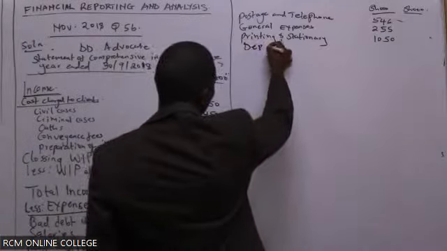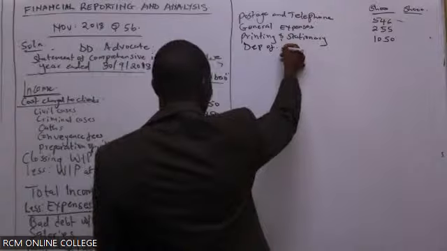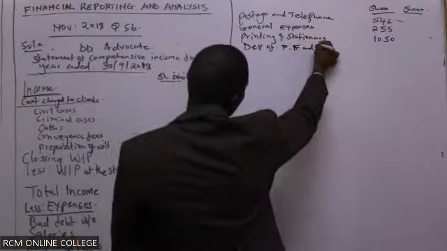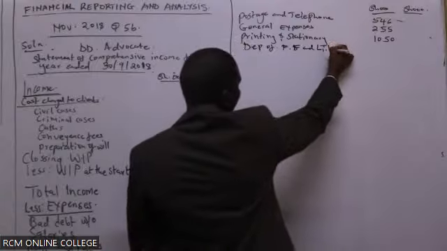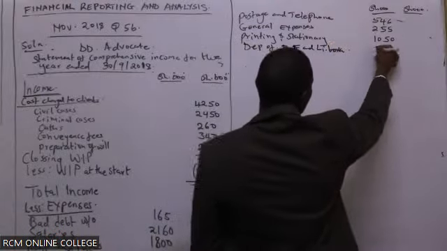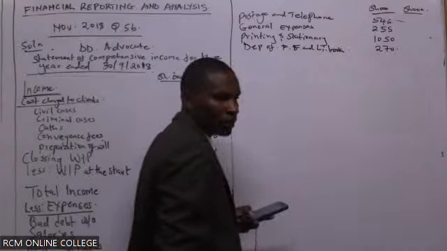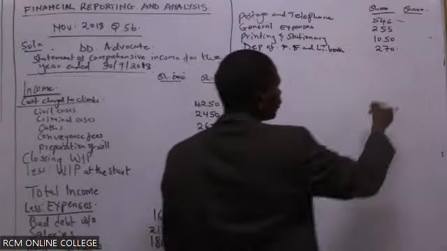Depreciation of all those items of furniture, fitting, and library books was 270. Where do we take the remaining? Non-current assets, for the balance sheet. Yes.